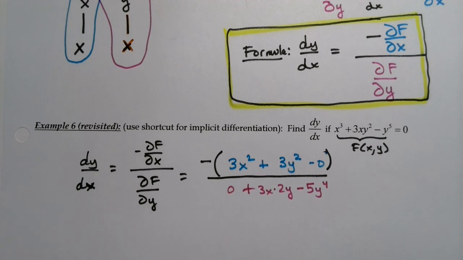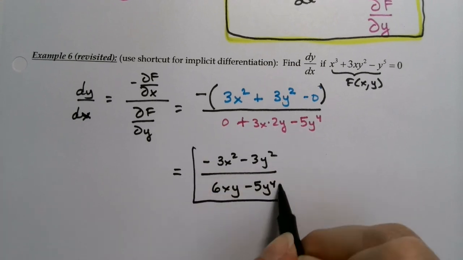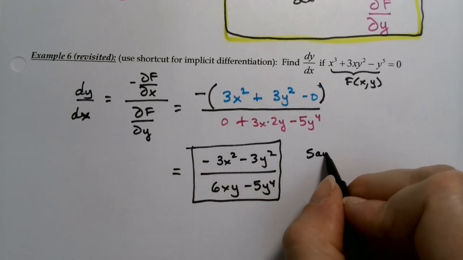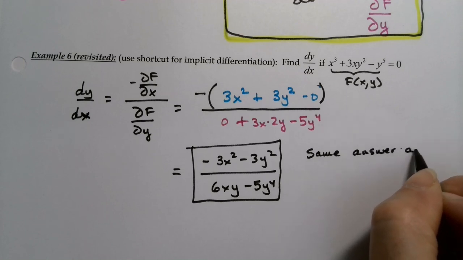And if you're thinking, that looks familiar, yes, it's because it's what we had on the previous page. So it's negative 3x squared minus 3y squared over 6xy minus 5y to the 4th. We found the same answer as the Calc 1 method, but with a lot less work.